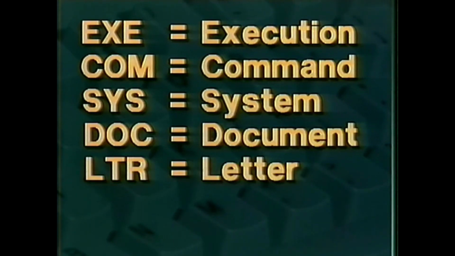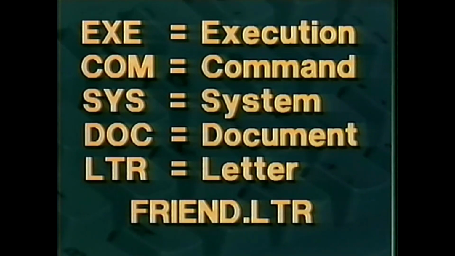LTR is an extension that is often used to designate a letter. There are many other types of extensions. Some programs add their own, and others let you create them. Like the letter to your friend, you could enter under the file name and extension friend.ltr. Generally, if a file name has an extension, you must include it when you refer to that file.